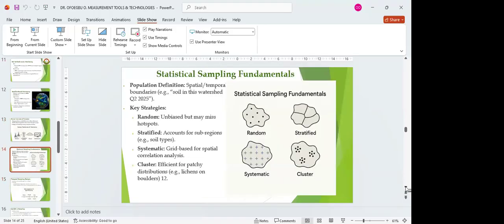Then, after we have gathered our materials and collected data, what do we do with it? We considered statistical sampling fundamentals, the random, stratified, systematic, and cluster approaches to statistical evaluations.